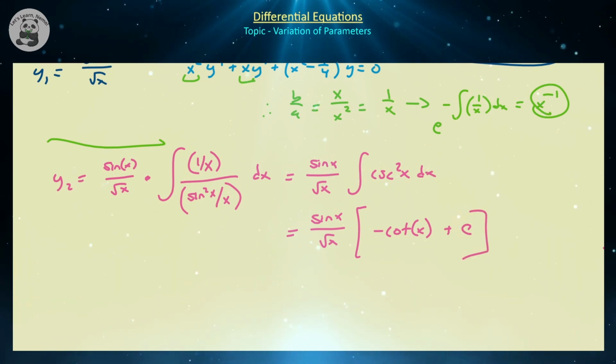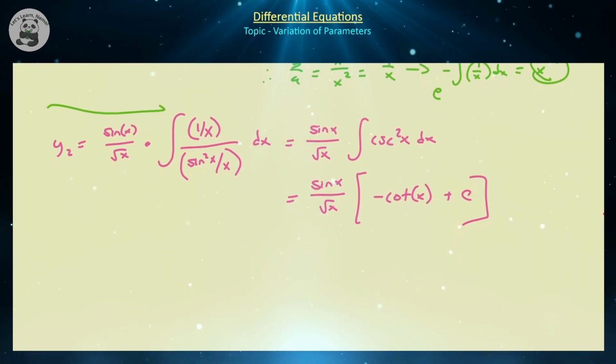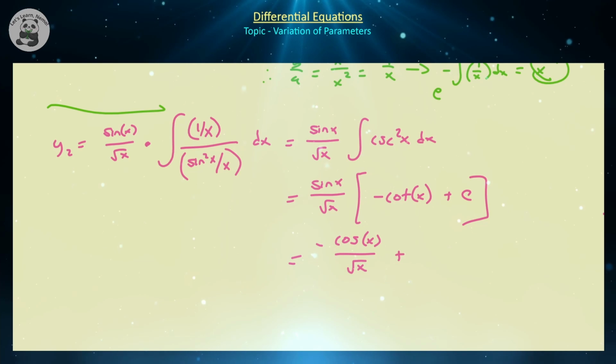Then we ask what exactly this is. Remember that cosine over sine is cotangent, and the sines cancel each other out. So what you're left with is minus cosine of x over the square root of x, plus c times that sine of x over the square root of x function.